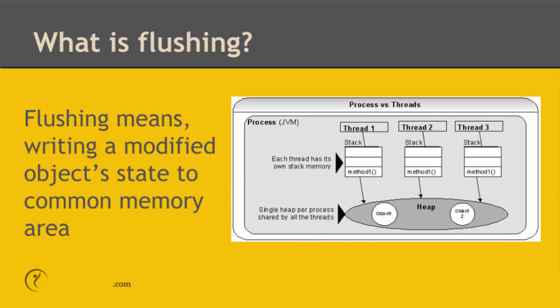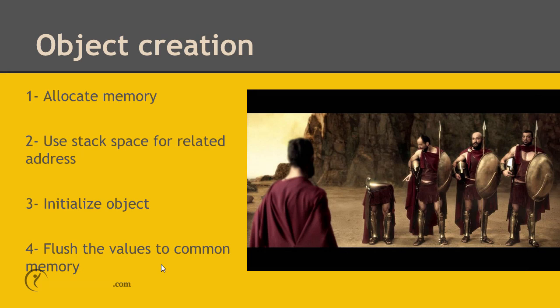This common memory means that every CPU process or thread has its own memory. You know that if a thread modifies an object while these four operations are going on, the modification is not visible to the other threads. You should know the ACID properties of transactions.